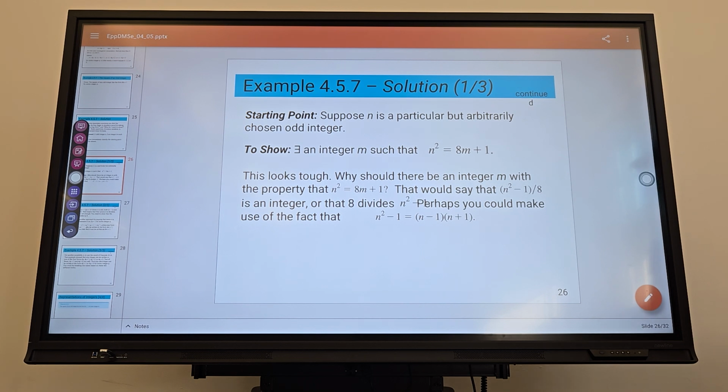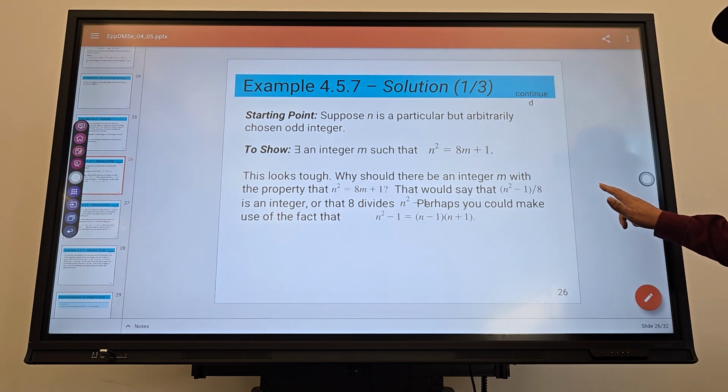Why should there be an integer that satisfies that? That would say that n squared minus 1 is divisible by 8. Perhaps you could make use of the fact that n squared minus 1 equals n minus 1 times n plus 1.